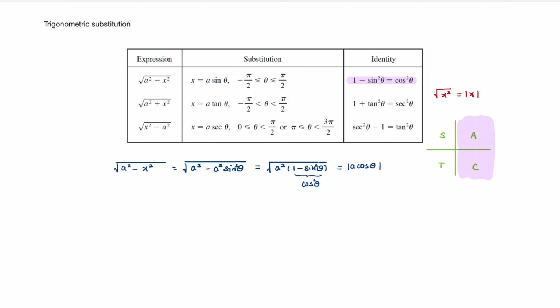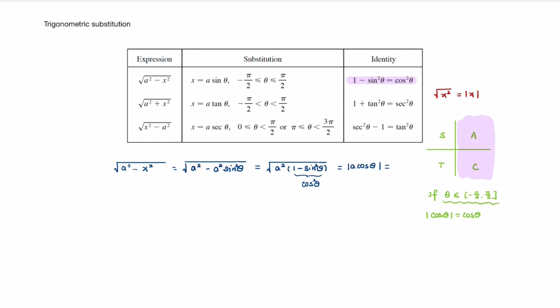That is, cosine is positive when theta is between negative pi over 2 and pi over 2. This is by CAST, or All Students Take Calculus. We know that it's positive here, which means if theta is in this region, then the absolute value of cosine theta equals cosine theta, which means I can get rid of the absolute value simply.